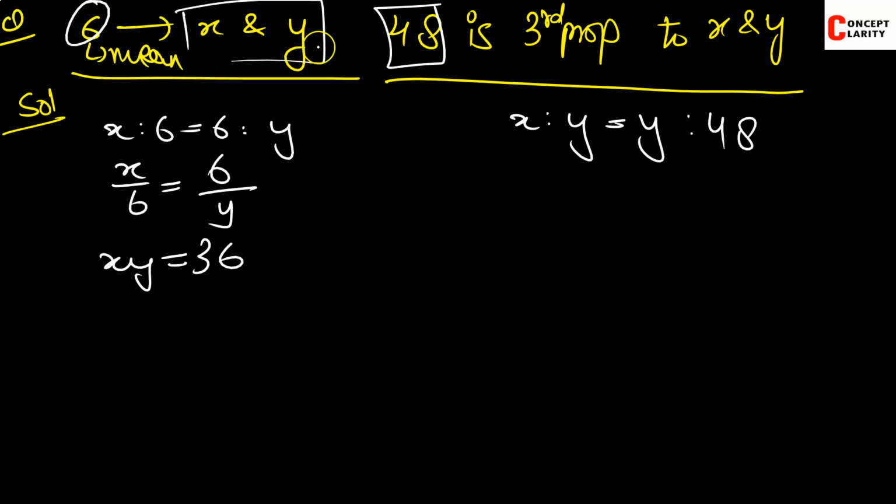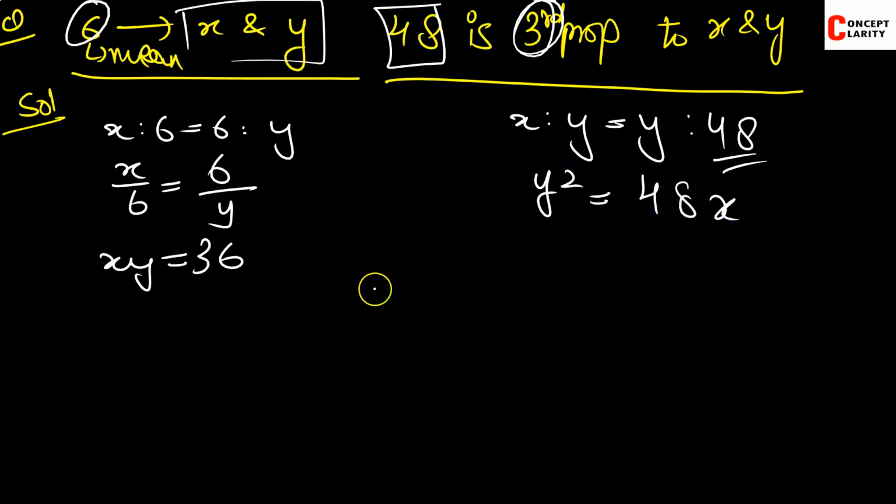There can't be two numbers present at the mean position. So what does third proportion mean? Third proportion means it is at the last, at the extreme, because the others are in the mean. So now we get y squared is equal to 48x.